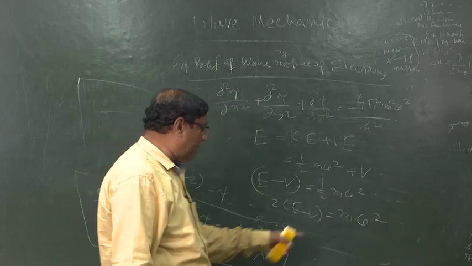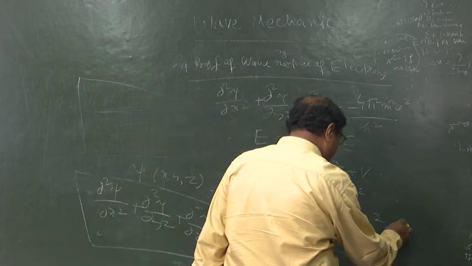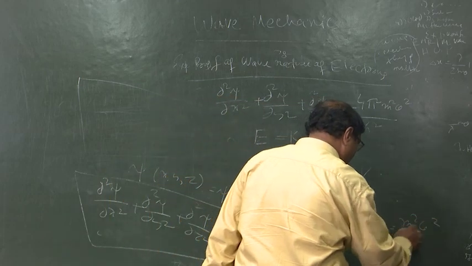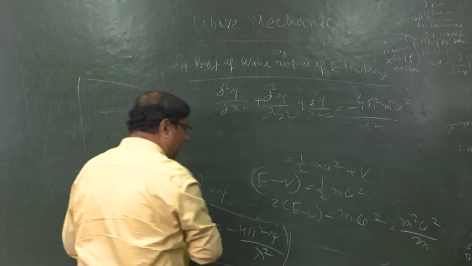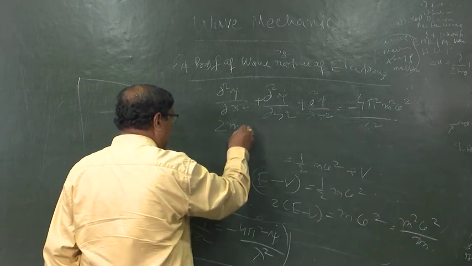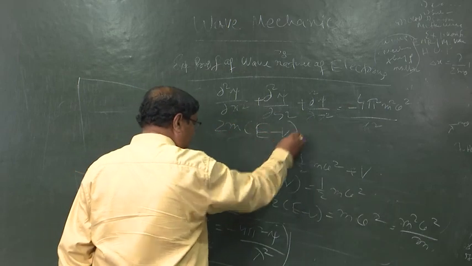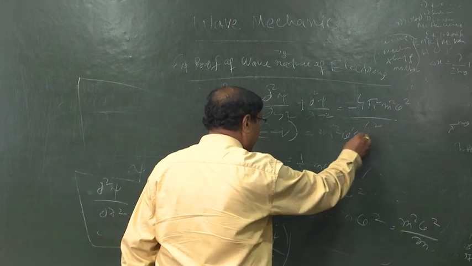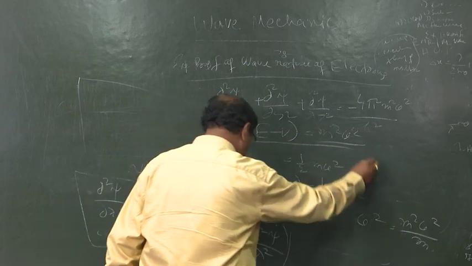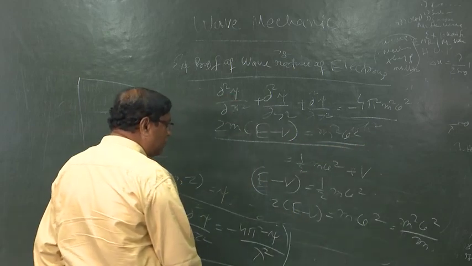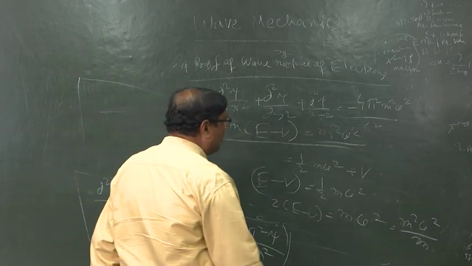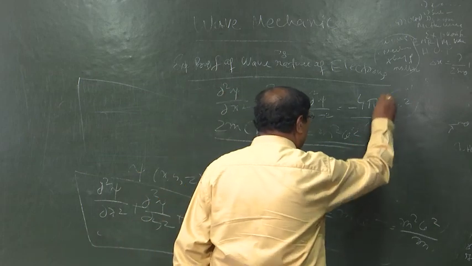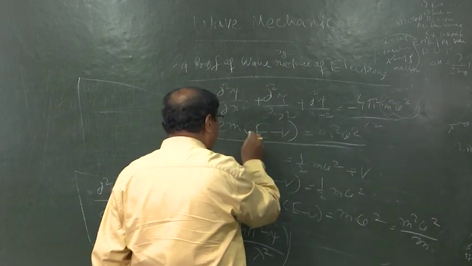Now multiply m above and below, so this will be m square v square by m, or twice m(E minus V) is equal to m square v square. So in place of m square v square, you put 2m(E minus V).